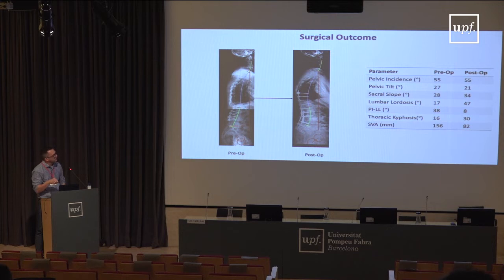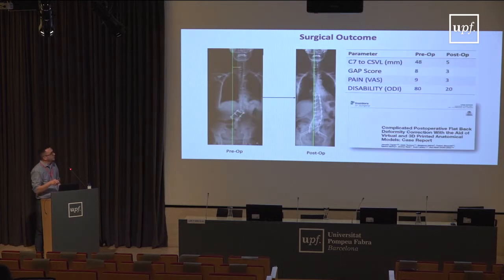And the lordosis, lumbar lordosis changed a lot. In numbers, finally, the lumbar lordosis was 47 degrees. And the SVA, you can see this distance with the red line, the SVA decreased. So the global balance of the patient changed a lot. There is a GAP score, which is a very useful score to characterize the global balance, the global alignment proportion score. And the GAP score decreased significantly from 8 to 3.